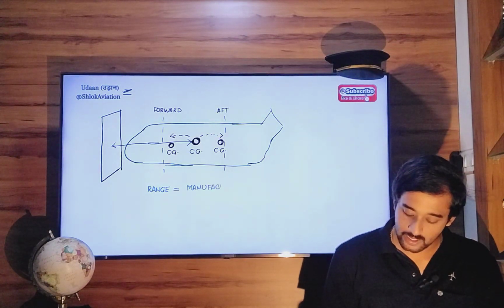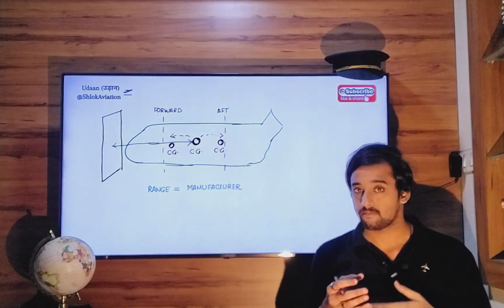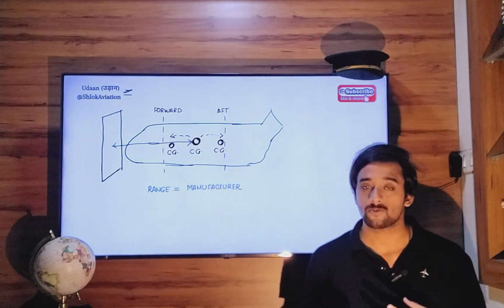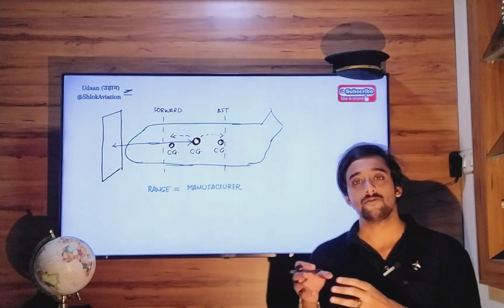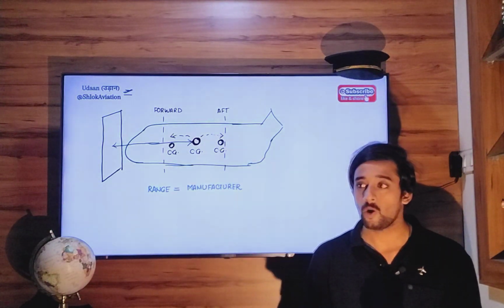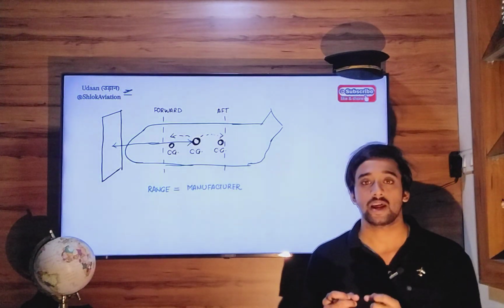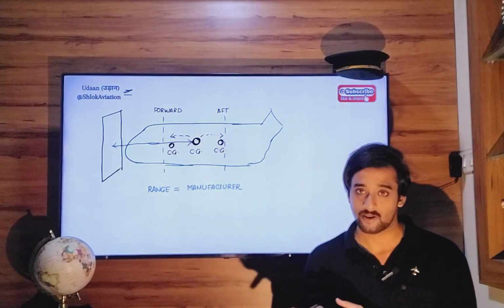Next very important thing. Now, when the operator of this aircraft purchases this aircraft from the manufacturer, the operator can further enforce or demand a more strict, more restricted center of gravity range.